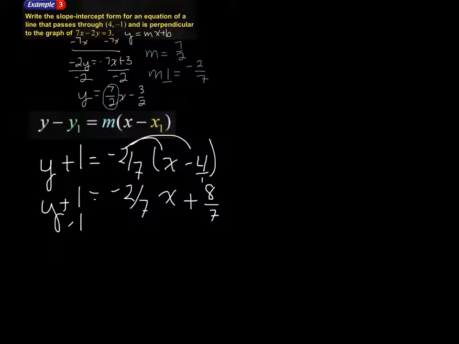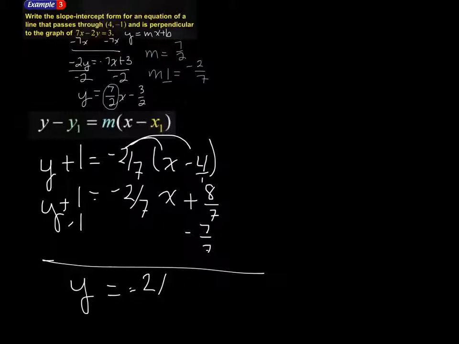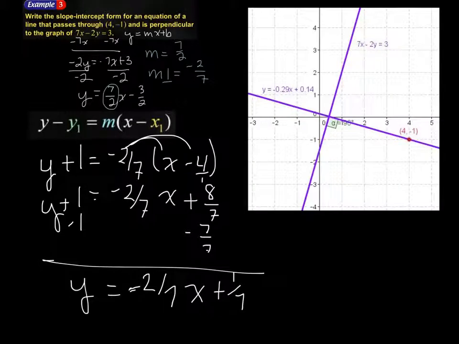Now when we subtract with fractions, we need a common denominator, so I'm going to write that as 7/7, just to make it easier to see. So I have y equals -2/7 x plus 1/7.